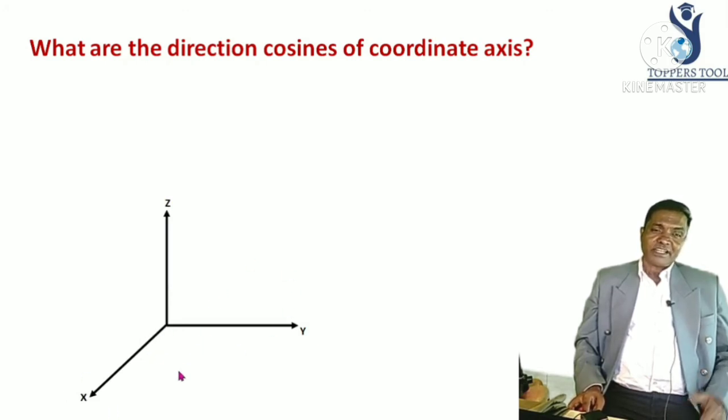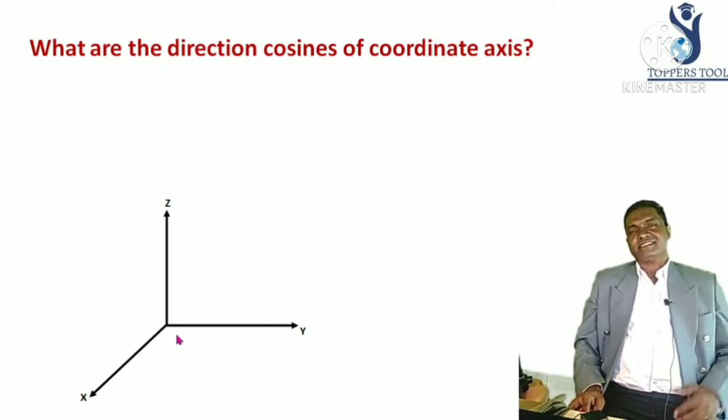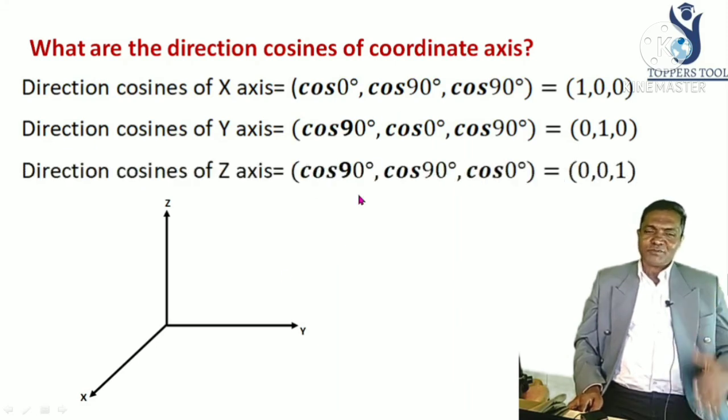So here are the coordinate axes. The angle between the x-axis and x-axis is what? The x-axis makes 0 angle with the x-axis. So here alpha is 0. Beta is what? The angle between the x-axis and y-axis is 90 degrees. Gamma, the angle between the x-axis and z-axis, is also 90 degrees.